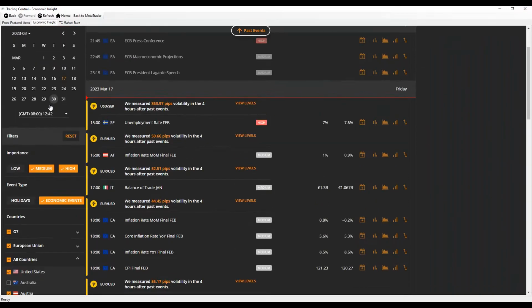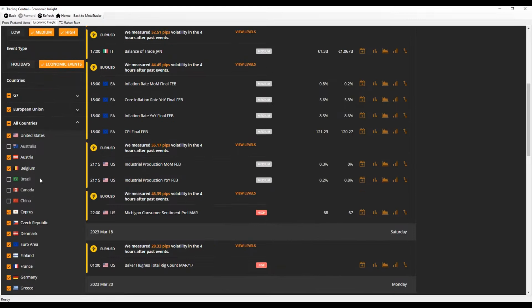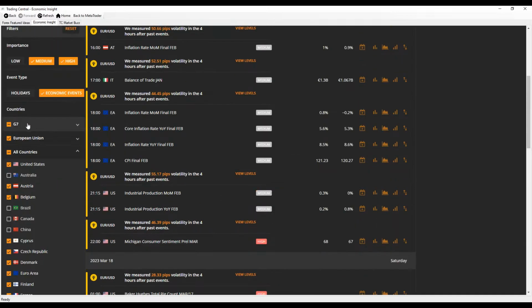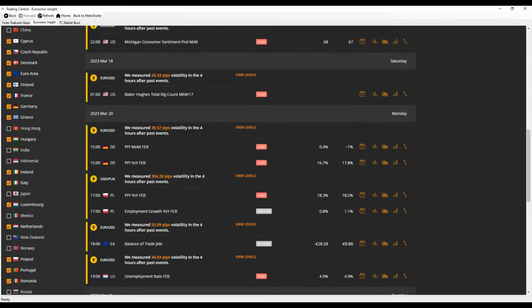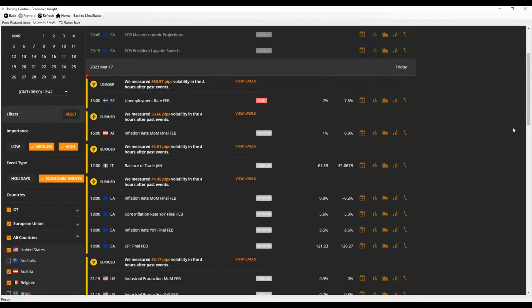You can also choose the event type as well as the countries that you want to look at. Here, what I have is mostly the G7 and the EU countries. If you're looking at major pairs, I think these countries should cover all the events that you need to see.